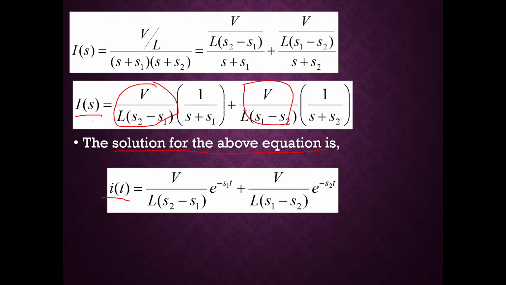I have considered this term as constant. So inverse Laplace of 1 by s plus s1 is what? Exponential to the power of minus s1 t. It is like s1 is nothing but your a. So a is minus s1, plus this is constant, so I'll write it as it is, V by L into S2 minus S1. And inverse Laplace of 1 by s plus s2 is e power minus s2 t. So this is the solution and time response for the RLC circuit.